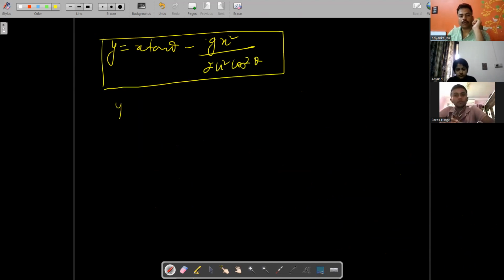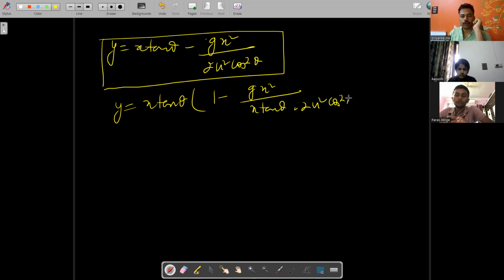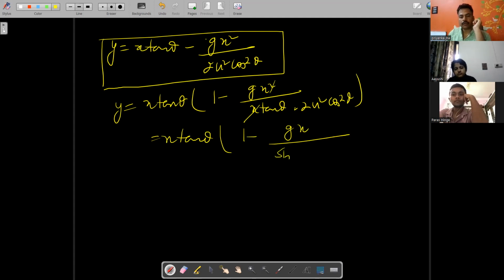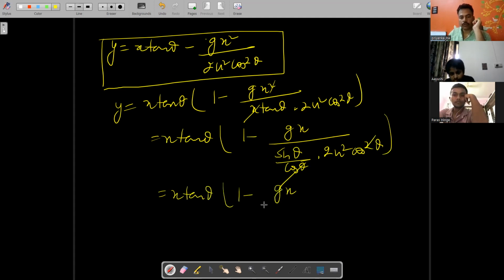You can also redefine it. How? Take x tan theta common. 1 minus g x square upon x tan theta into 2 u square cos square theta. x is gone, and tan theta is sine upon cos, so cos is gone. x tan theta, 1 minus g x upon, you can see here, u square into 2 sine theta cos theta, that is sine 2 theta.